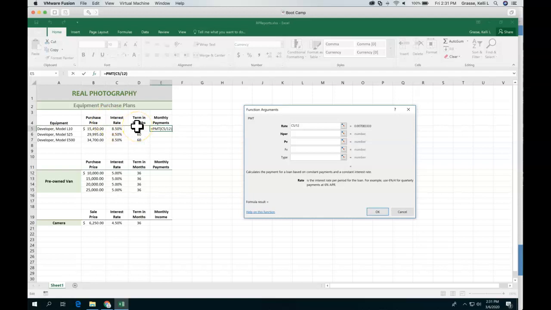We pay every month versus the sample they have here, quarterly, divided by 4. I hit the Tab key to move on. NPER, number of monthly payments, is basically the total number of payments. This number is already given for us because it's already showing to us in months.